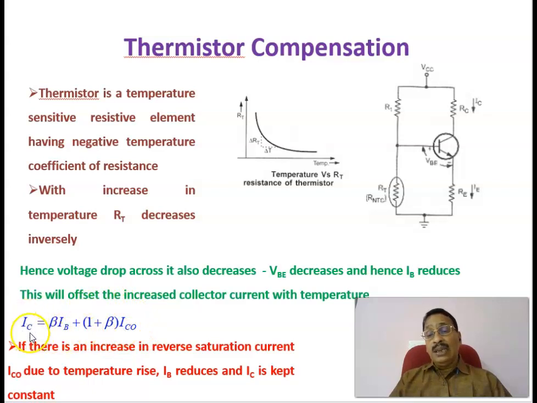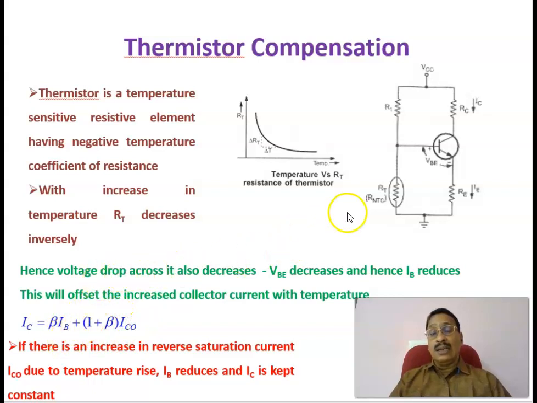In order to keep IC constant, you have to reduce the other part, beta IB. Then that will compensate and keep the value of IC constant. Therefore, as 1 plus beta ICO increases, you have to reduce IB.